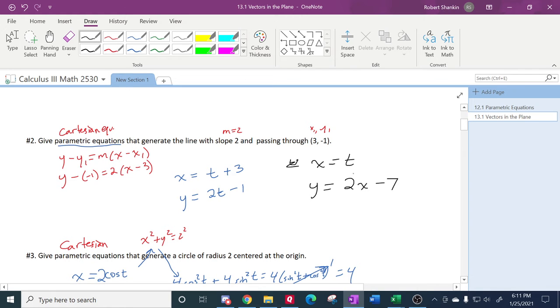You don't need this one. This is the Cartesian equation, so this is not parameterized. If you parameterize, then yes, both x and y have to be in terms of that parameter t in this case. Okay? This is just a Cartesian equation, and you throw away this one. Okay, thank you. Yeah, good to know.